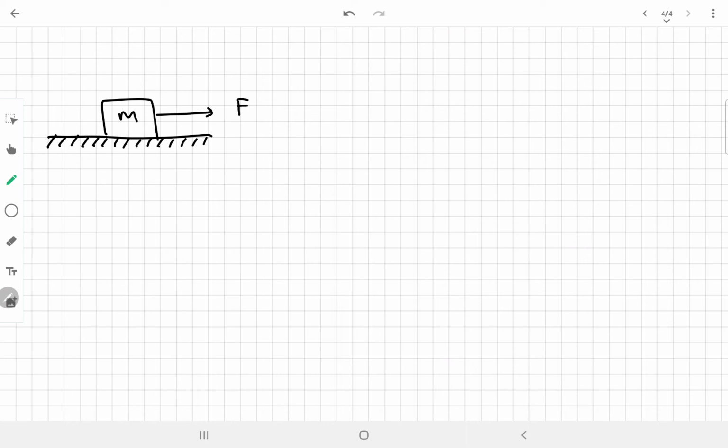This is a surface with friction, and it has a coefficient of friction, let's say, equal to 0.5. And the mass of this object is, let's say, 10 kilograms, and someone is applying a force equal to 40 newtons.